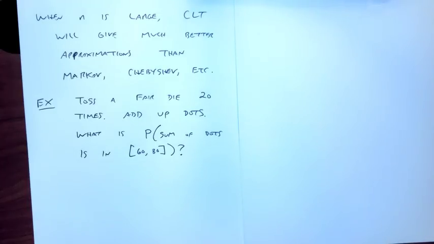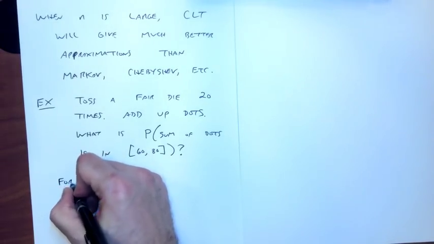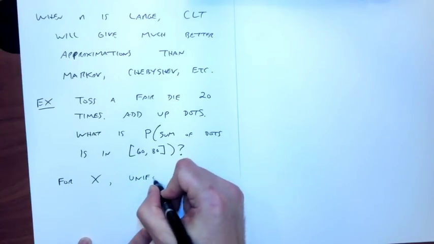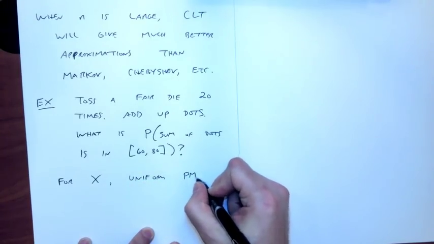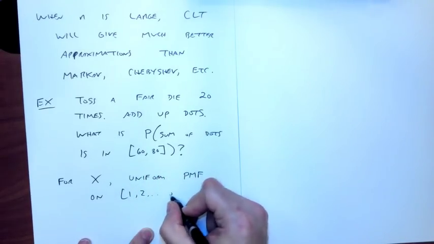All right. Well, let's first of all compute our mean and variance, right? So for each Xi, this is basically a uniform PMF on the values 1 through 6, right?